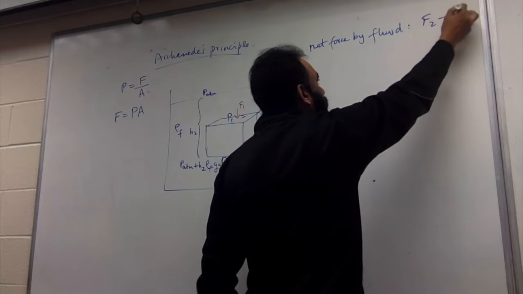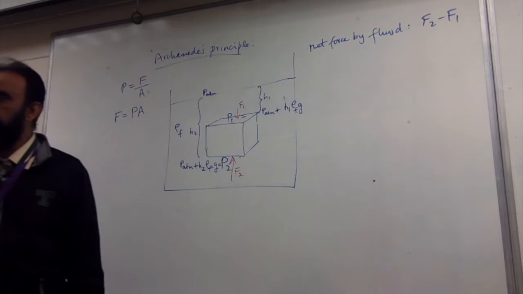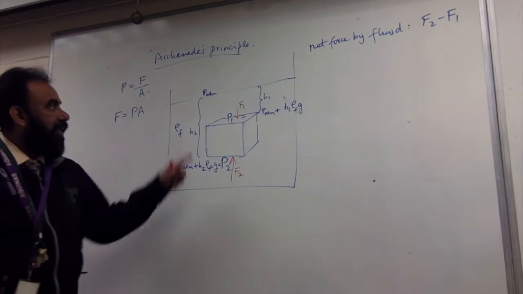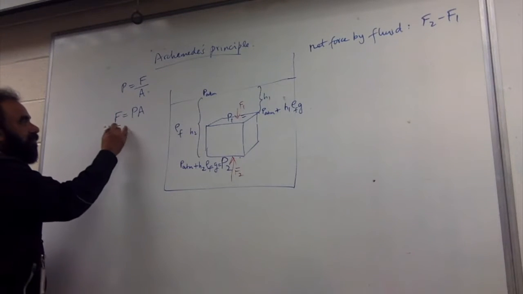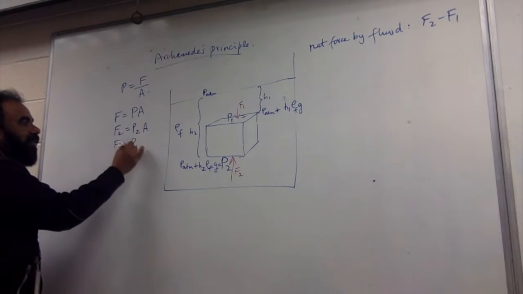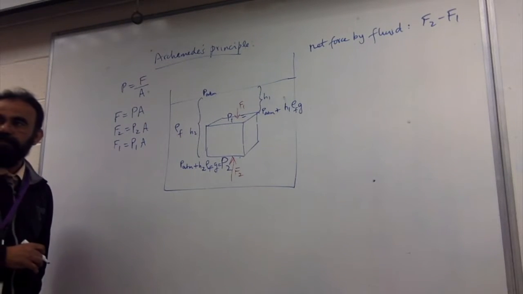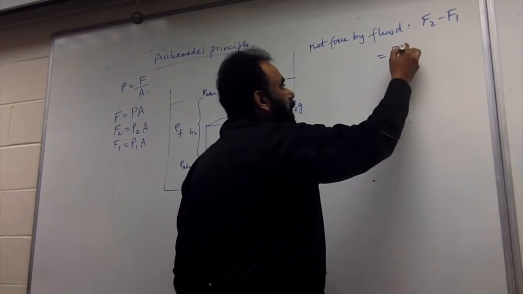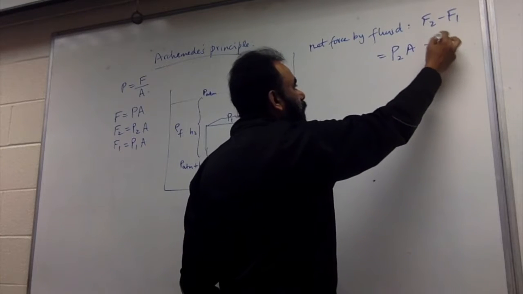F2 minus F1 is the net force by the fluid. And F2 is P2 times area, and F1 is P1 times area. So I'm going to put that: P2 times area minus P1 times area.